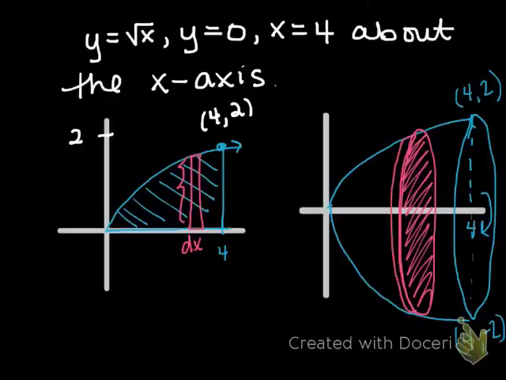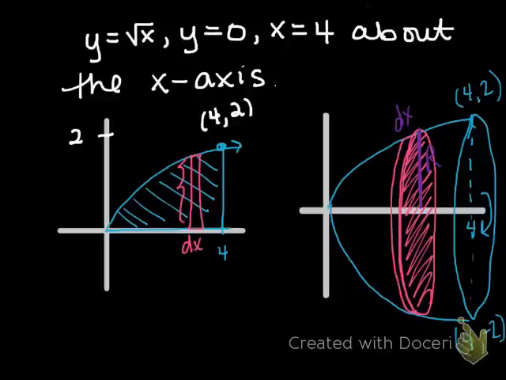So there's our new cross-section for the 3D. Now we want to set up our problem. We know that the thickness of our cross-sections is dx. We want to know what is the radius of our cross-sections. So I'm going to label that as r.